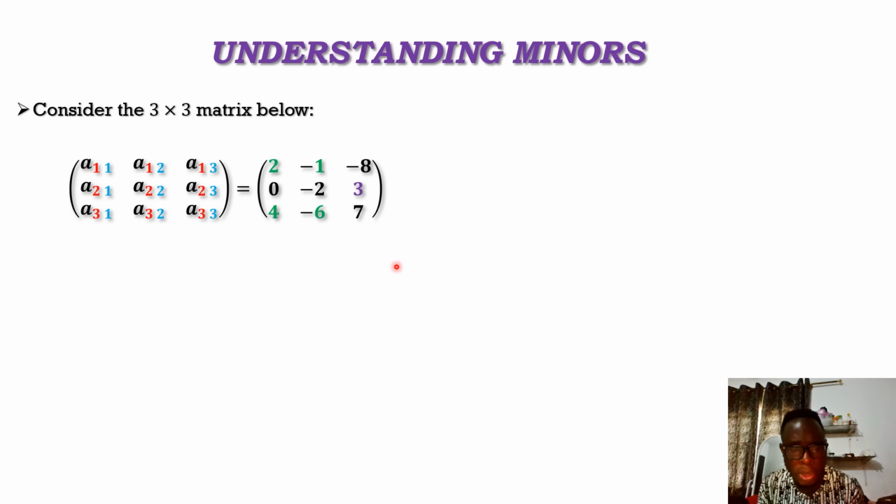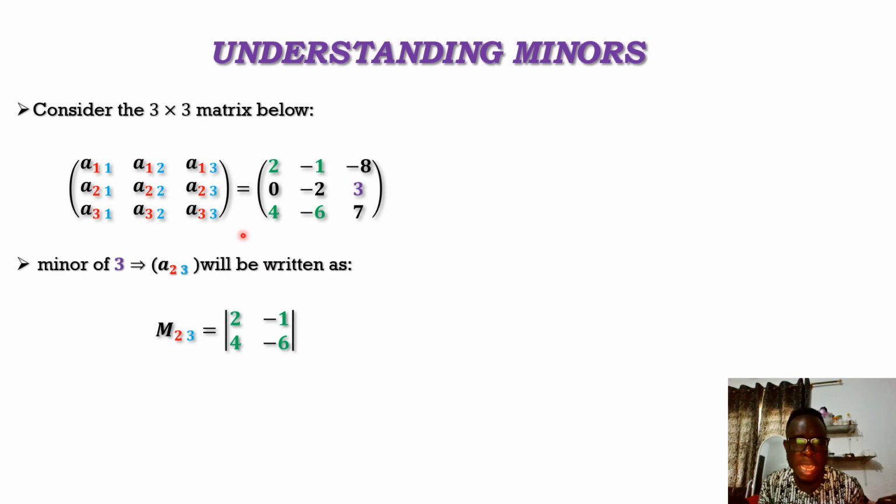Now, using the same principle, we are going to consider the same 3 by 3 matrix with their entries. This time we want to find the minor of 3. Then what is the position of 3? The position of this 3 here is an element in the second row, the third column. And in this case, we are going to delete the elements of the second row.